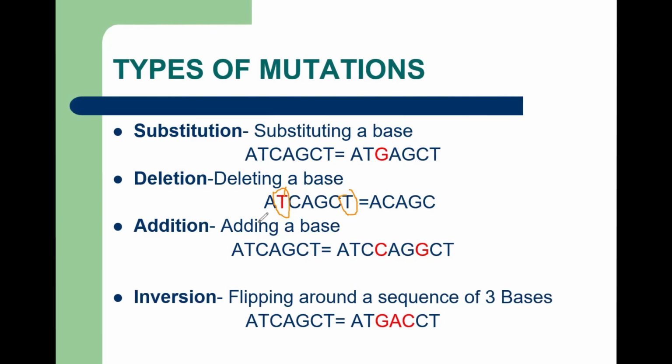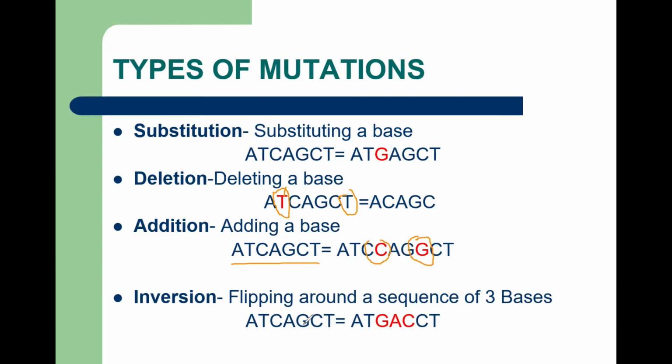And then there is addition. For example, here we have ATC, but here we have another C and another G. This type of mutation is addition, because some nucleotides or bases are added which are not present in the original. And then we have inversion, which means flipping around a sequence of 3 bases. For example, here we have ATCA, GCT.